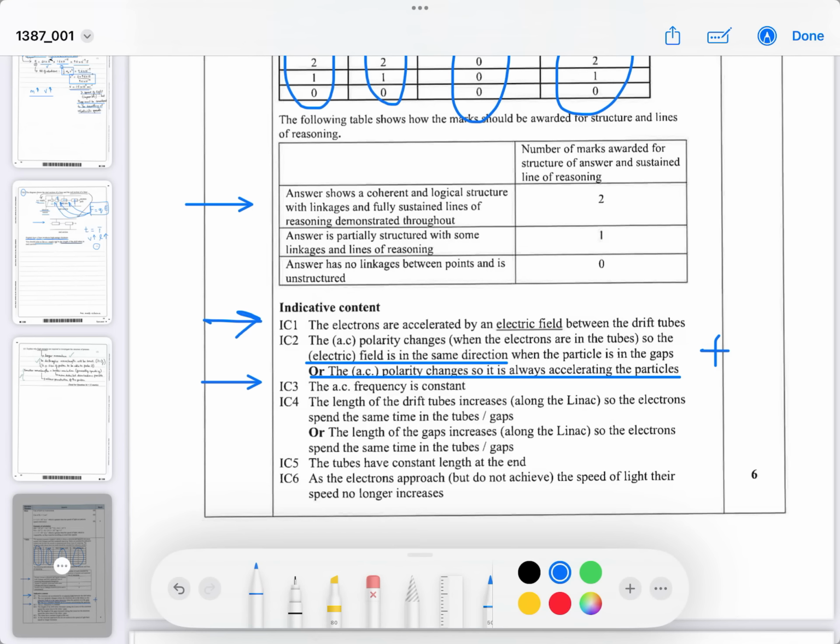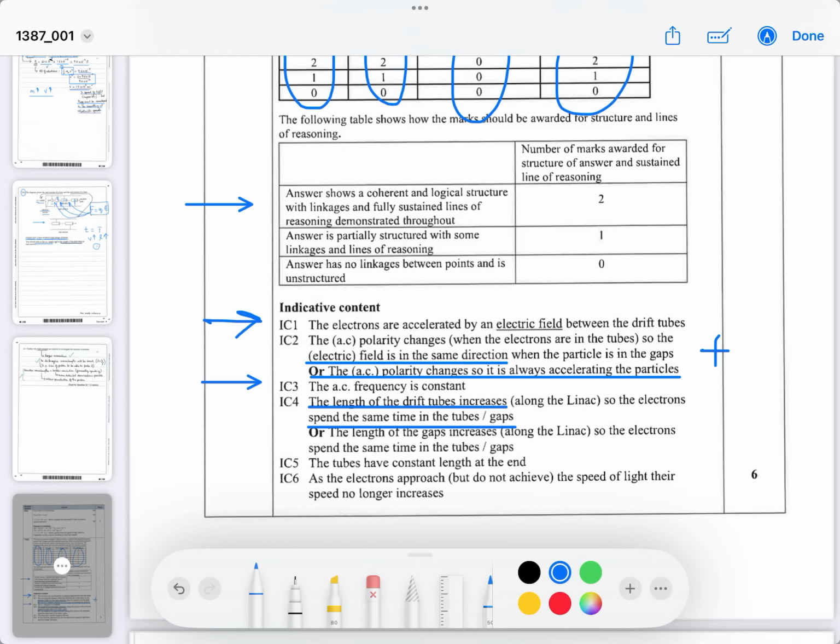Now you also need to make the point, which is key, that the AC frequency is obviously constant. Like the mains electricity in most homes is at 50 hertz. So the AC supply will have a fixed frequency, and the length, therefore, of the drift tubes increases, so the electrons spend the same time in each tube, and therefore that's the important bit.